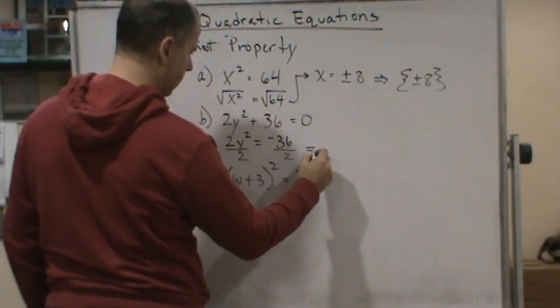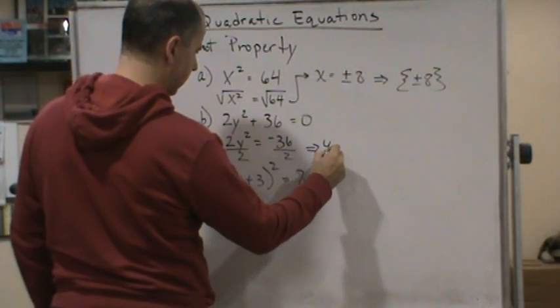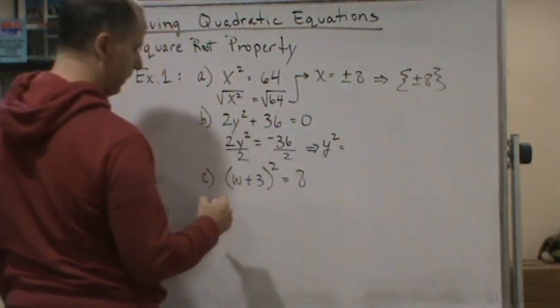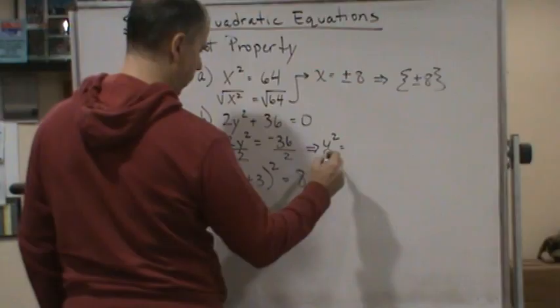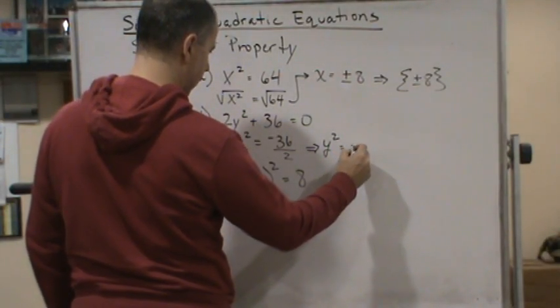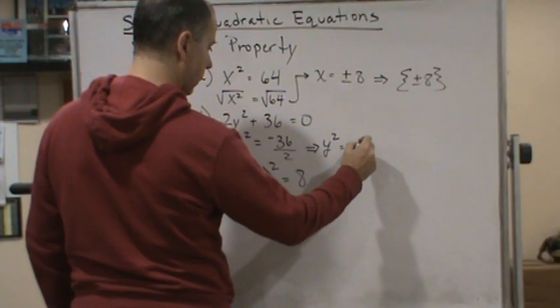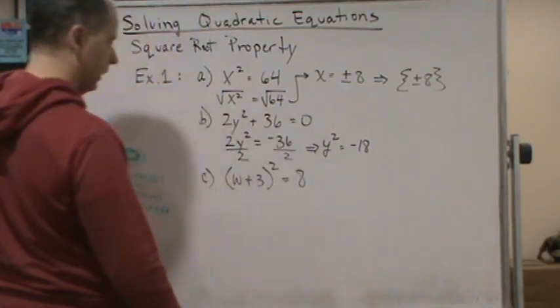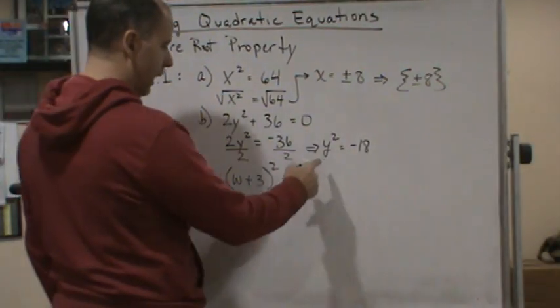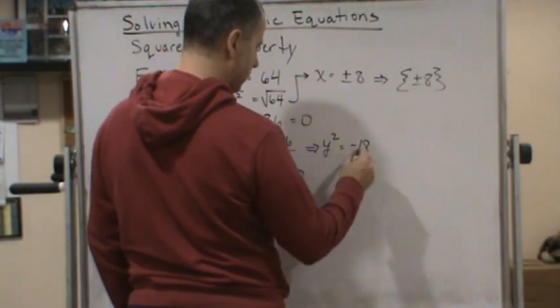I get y squared equals what? 18, right? So negative 18. Okay? And so now I can take the square root of both sides, right?